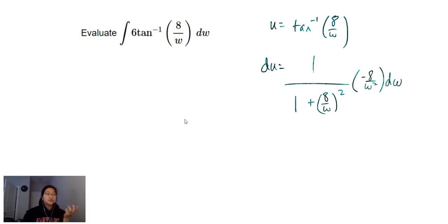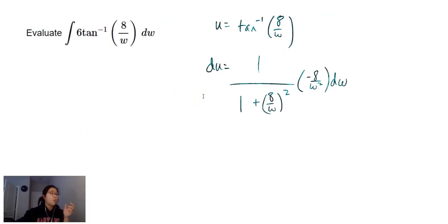And what's left over? Just move this over. So we have dv is 6 dw. So that means that v is 6w. Okay.